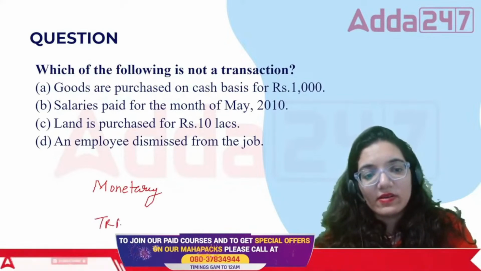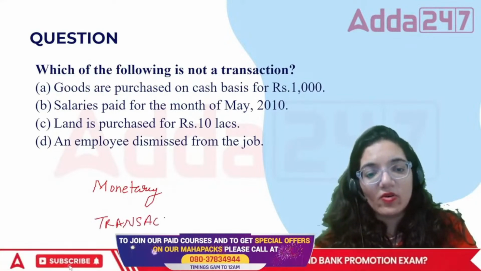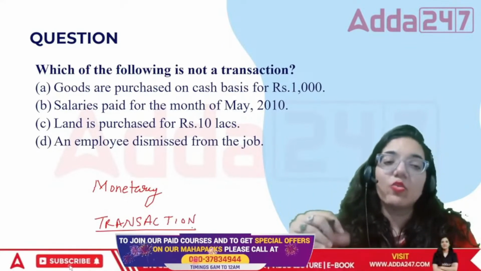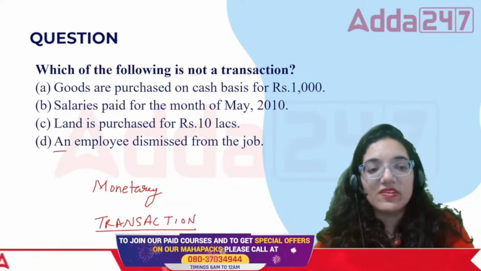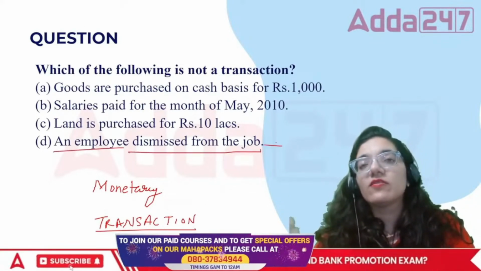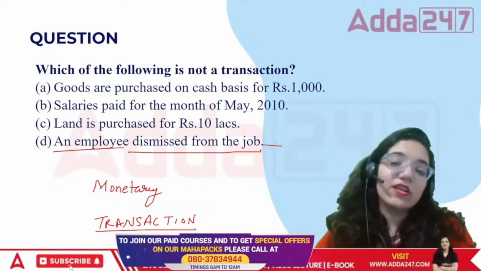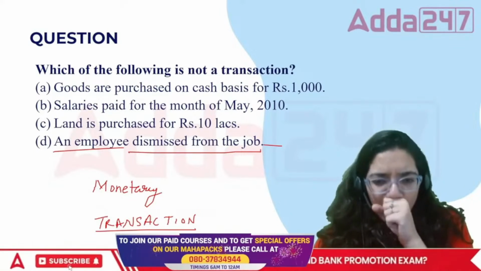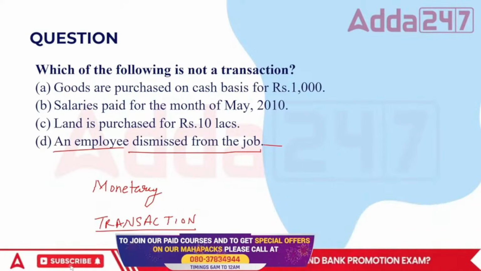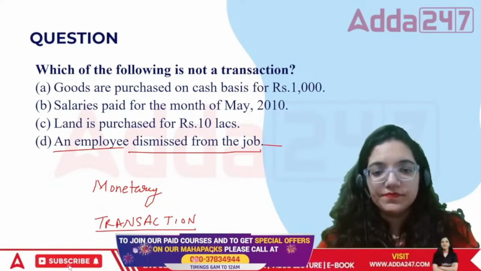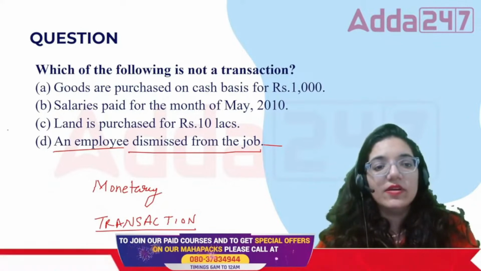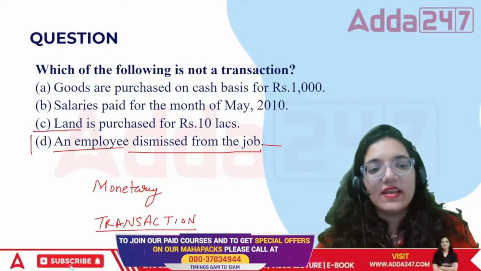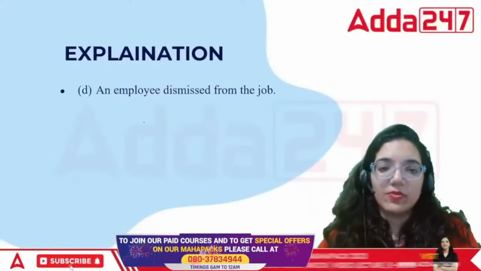So the transactions recorded in the business should relate to the business and should be something that we can quantify. If a person is dismissed from the job, this is not a quantification. If the person is not working anymore, this is not quantification, right? So in this case, the answer is D, that is, an employee dismissed from the job.